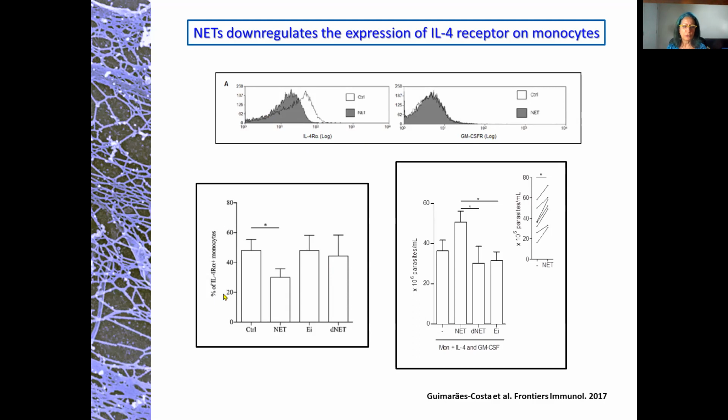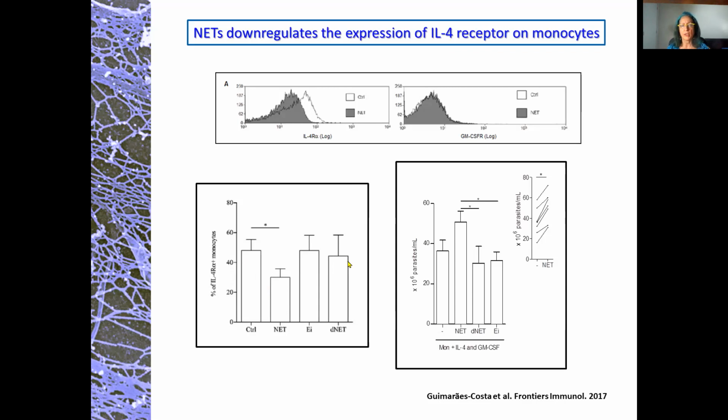If you measure the percentage of monocytes expressing the alpha chain of the IL-4 receptor, when the cells are incubated with NETs, you have a decrease in this expression, and this is reverted by using the elastase inhibitor or when you digest these NETs.